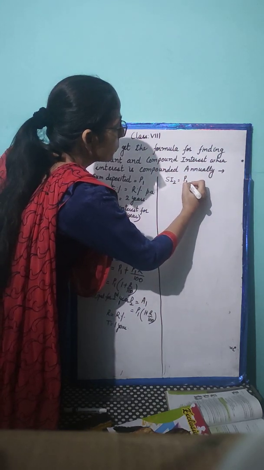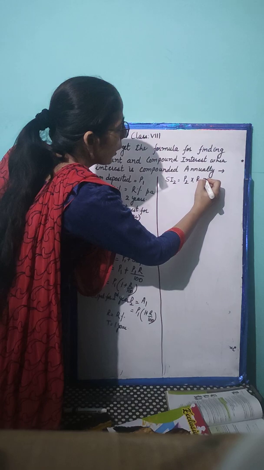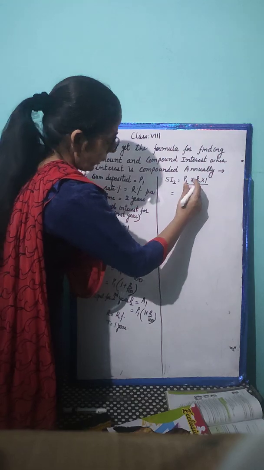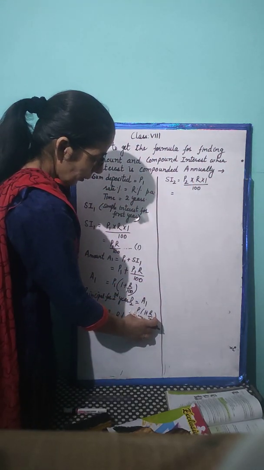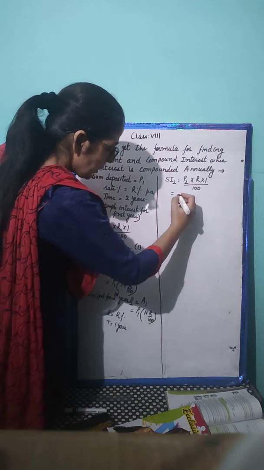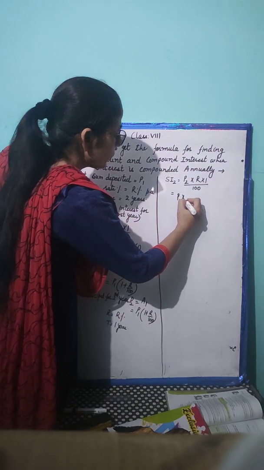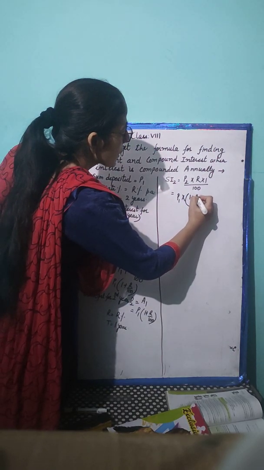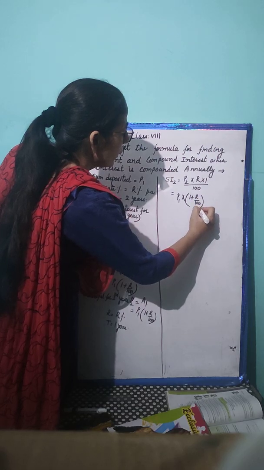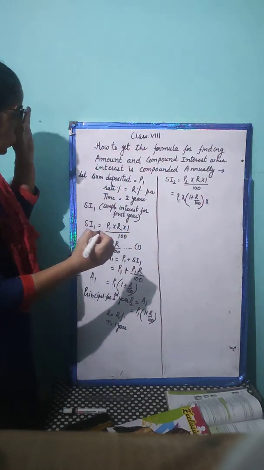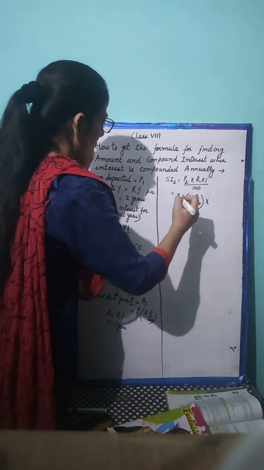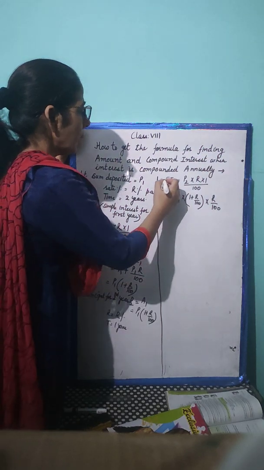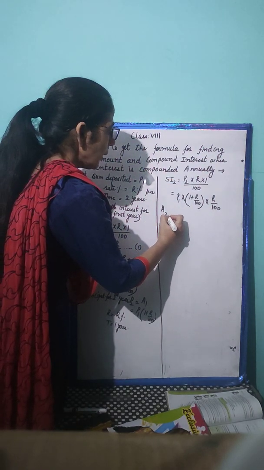So let us calculate SI2. SI2 is equal to P2 into R, multiplied by 1 upon 100. Can I put the value of P2 here? P2 means P1 into, in the bracket, 1 plus R by 100, into R by 100. Now I have to calculate A2.